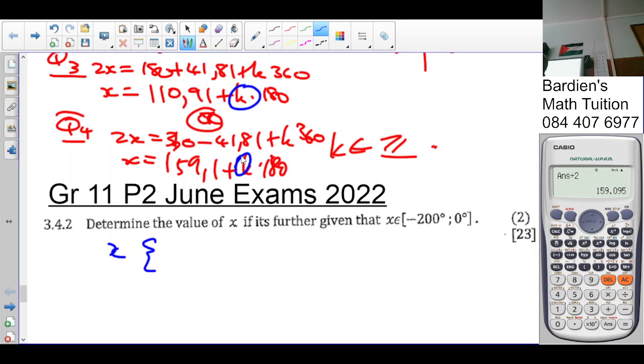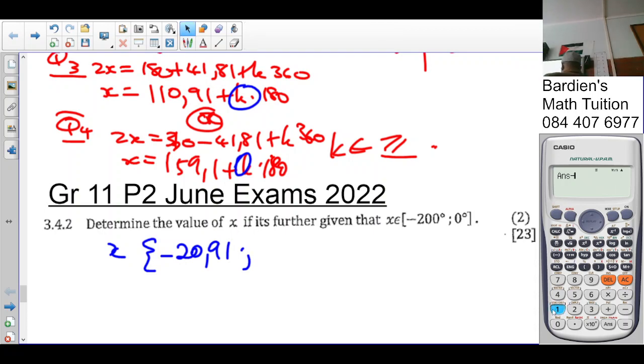Okay? That is outside. So what I do is, I put minus 1 in there. So it's plus negative 1 times 180. So they give you negative 20,9. So it's negative 20,91. We're going to go with minus 2 there. Then that is outside negative 200,91, which is outside this given domain. Can you see that? It's just outside. So I'm not interested in that.